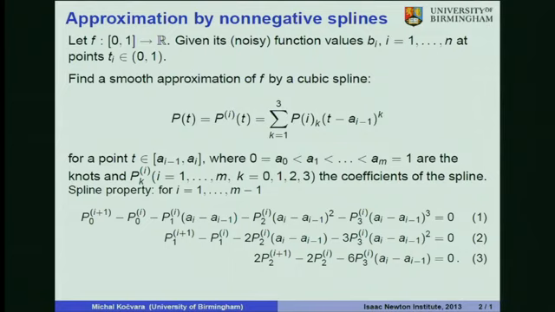And we want to approximate these noisy values by a smooth function, let's say by a cubic spline. That's a standard thing from numerical analysis. So what we need to do, we need to find the coefficients. So first we need to define the interval 0, 1, some sub-intervals where we will have the knots of the spline.